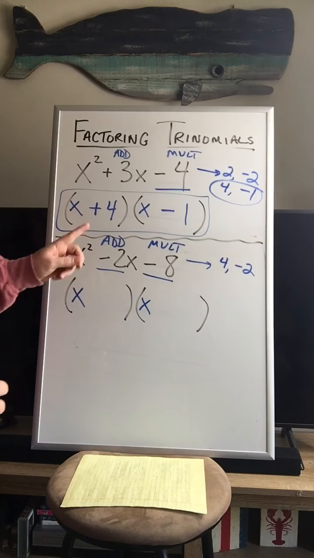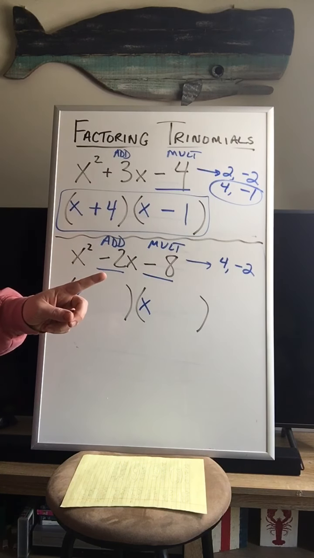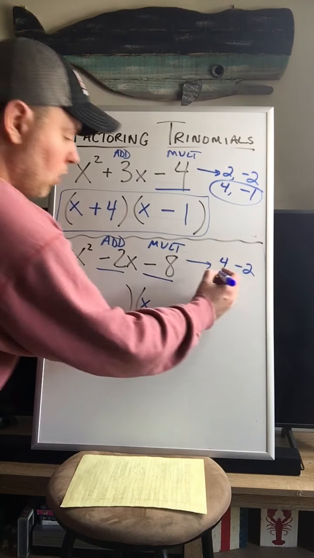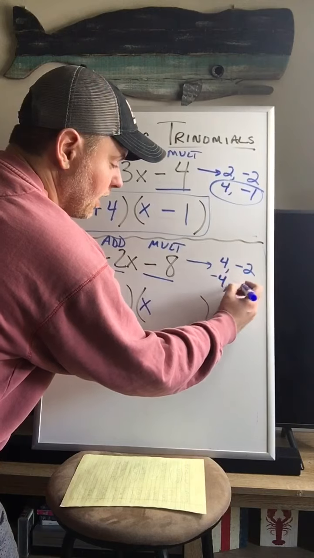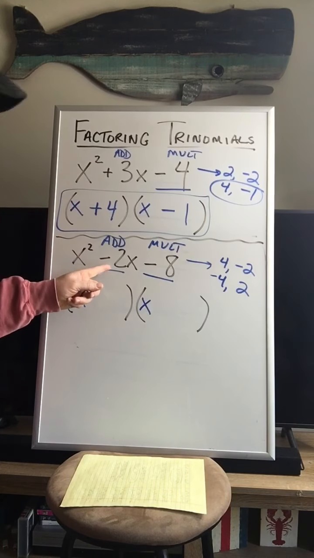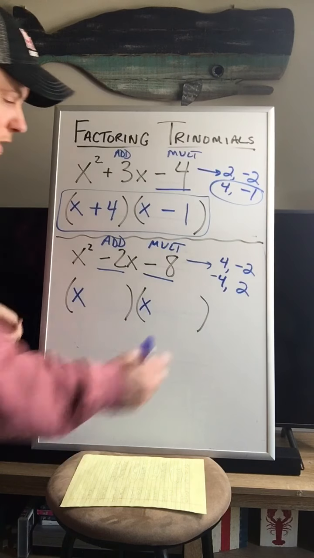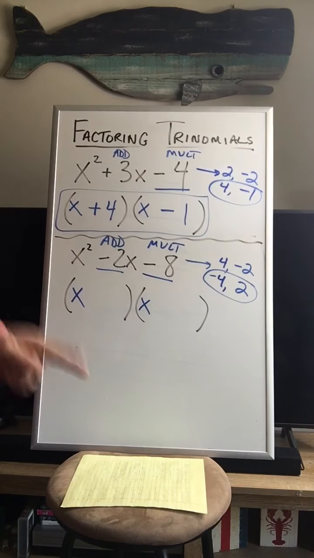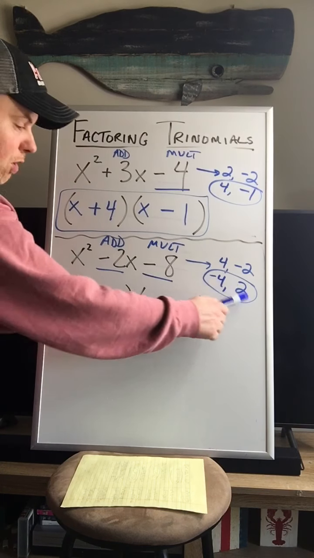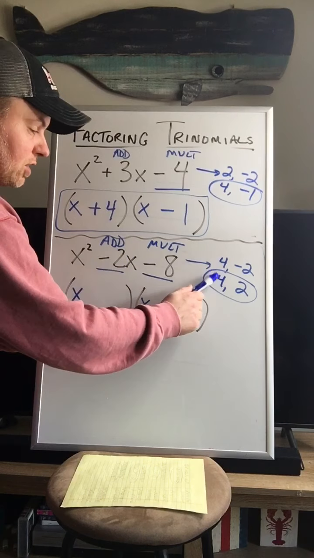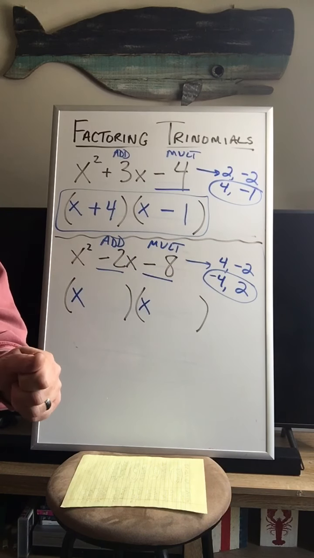Do those add up to -2? No, they add up to +2. Well, what about if it's -4 and +2? Do those add up to -2? Yes. So the correct choice here is -4 and +2, because those multiply to -8 and they add up to -2 since the 4 is the one that's negative.